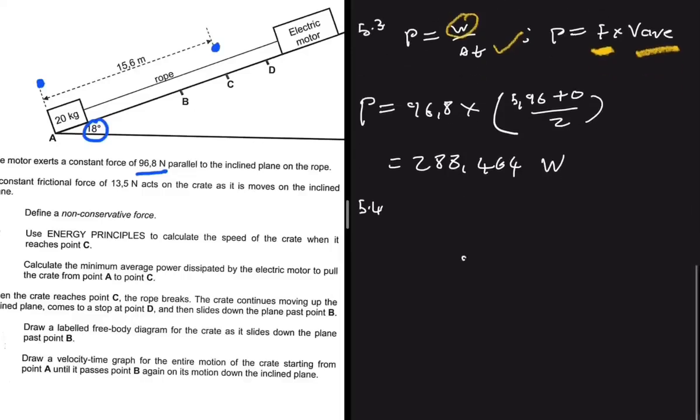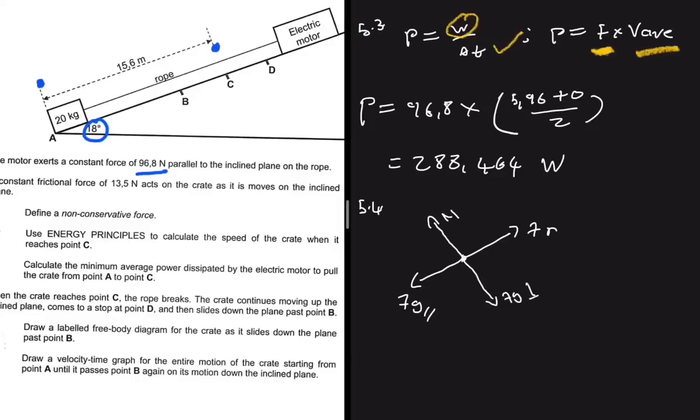When it is sliding down, FG parallel is still down the incline, and the frictional force is now up the incline. Then we have our normal force, and we have our weight perpendicular, or FG perpendicular.